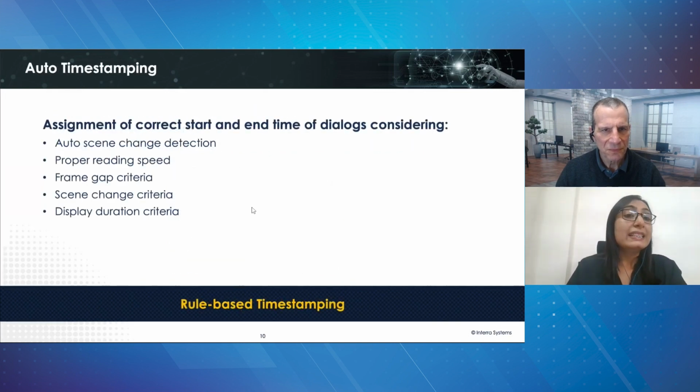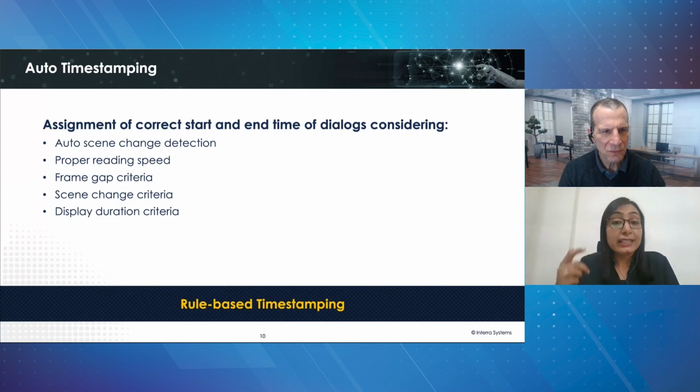Once this segmentation is done, then comes the next challenge, because if the reading speed is very fast, users might not be able to grab the context. If the captions are zooming across and viewers don't get sufficient time to read them, that's also a problem. If a caption appears and without any gap the next caption appears on the screen, users might have a feeling that nothing has changed, because one caption disappeared and the next one just replaced it.